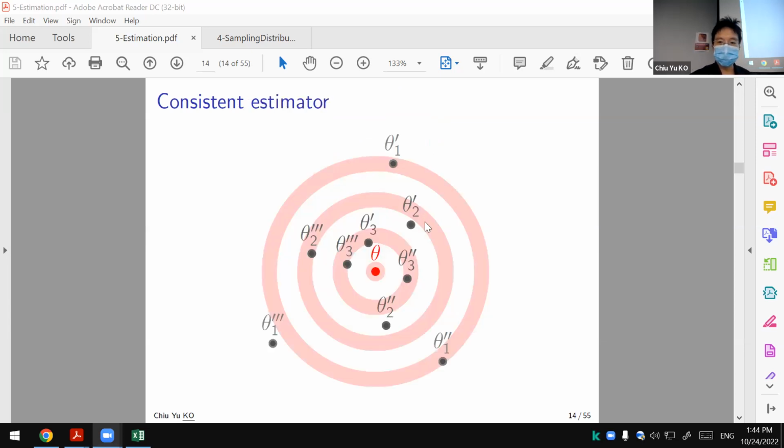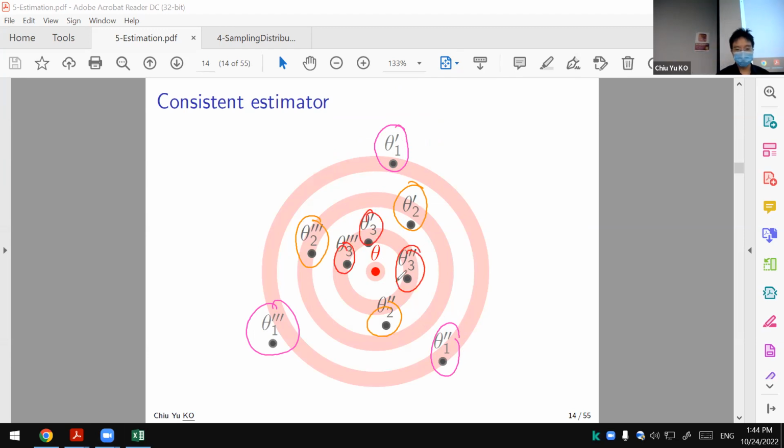If the sample size is 1, very small, it can be outside. And this is not unbiased, so it's biased because it's far away, right? And 2 is also biased because it's somewhere here, and 3 is also biased. Doesn't really matter.